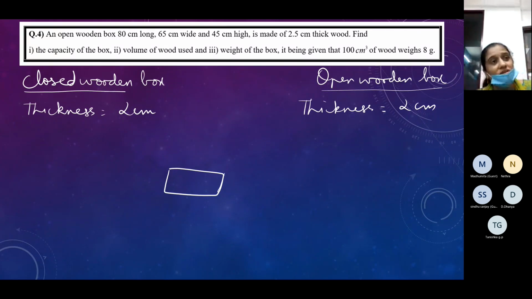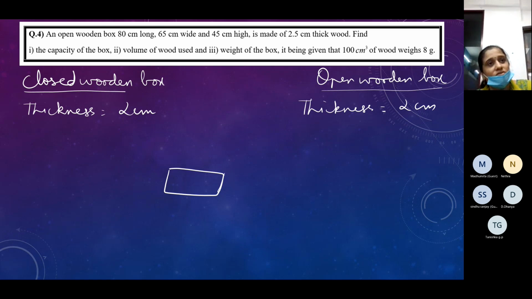From outside, if you measure, you will take the total height. But from inside, if you go inside the box and measure, the base of the box will be thicker. So the height will be slightly less. If you jump inside the box, at the base of the box, the wood is thick. So the internal height will be less.